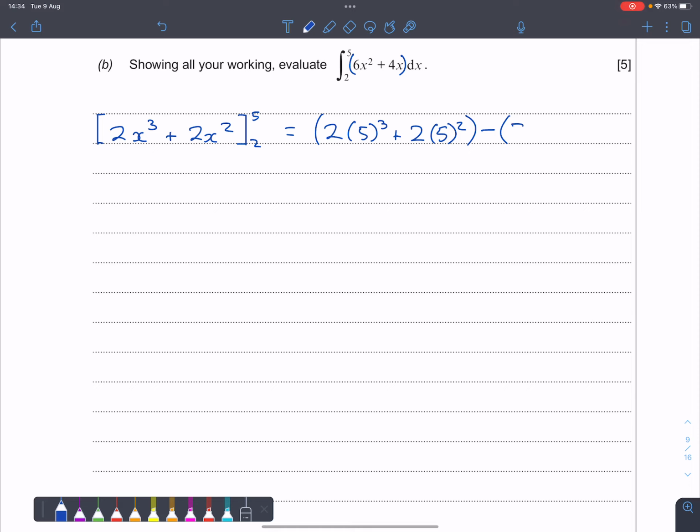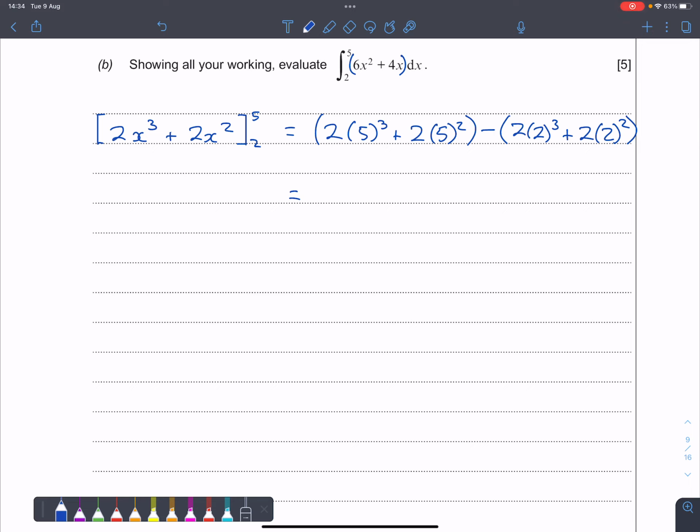So I get 2 lots of 2 cubed plus 2 lots of 2 squared. So I'll work out each bracket separately. So there's 2 lots of 5 cubed plus 2 lots of 5 squared.